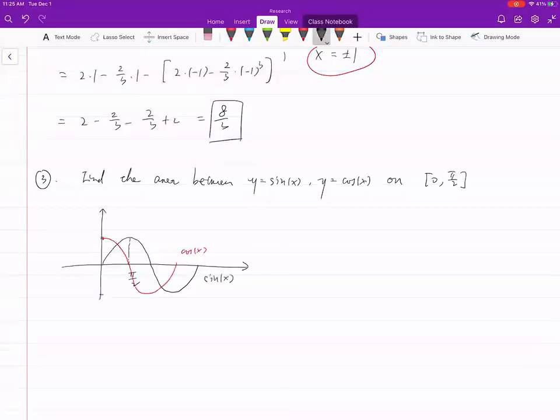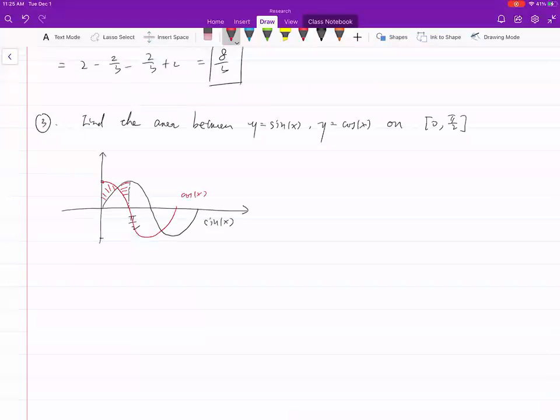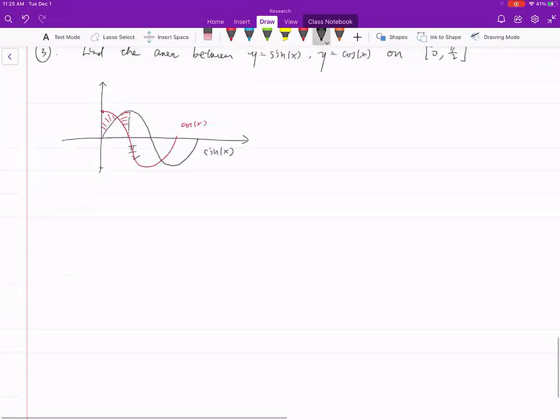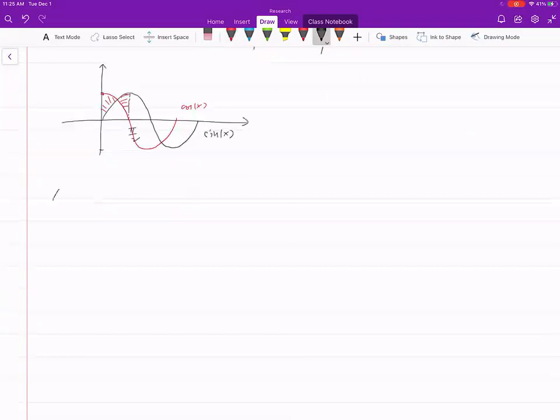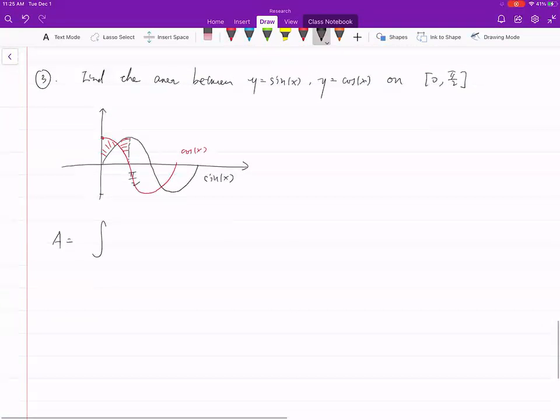So what's the area are we looking for? We're looking for between them, so this and this, all the way to pi over 2. So it's like a butterfly shape. All right. Can you set it up? Who's above both function?